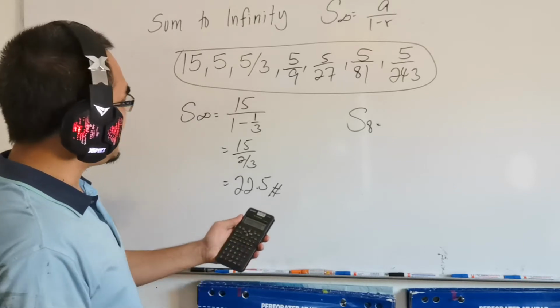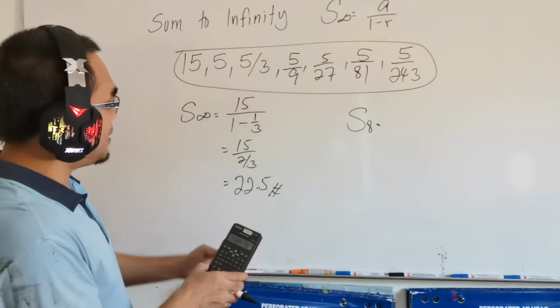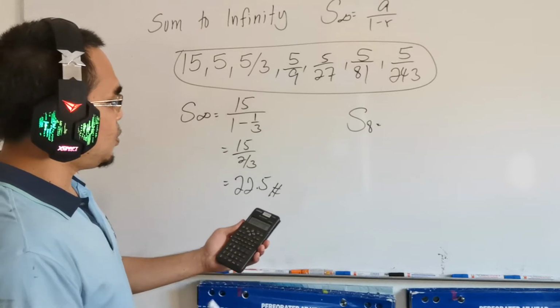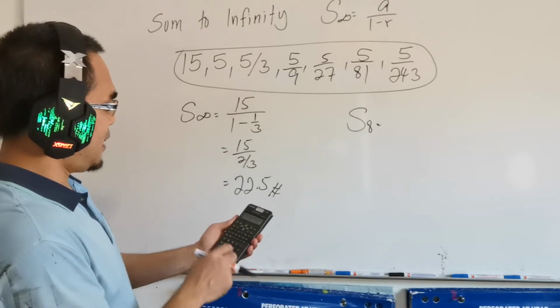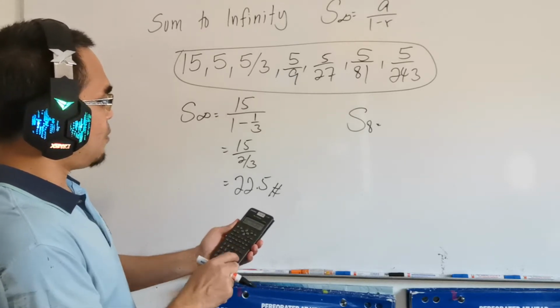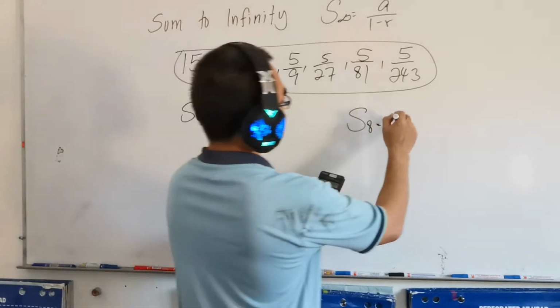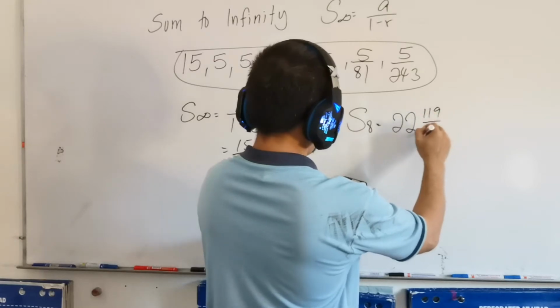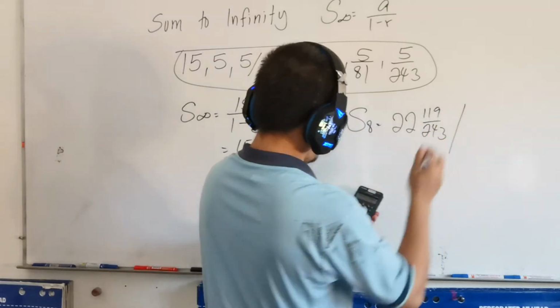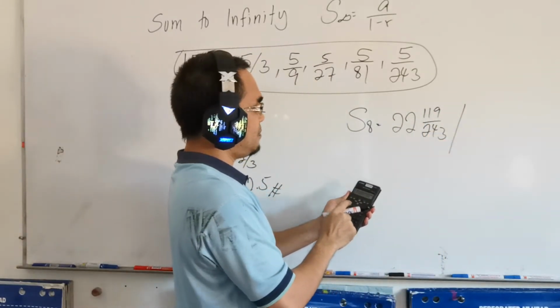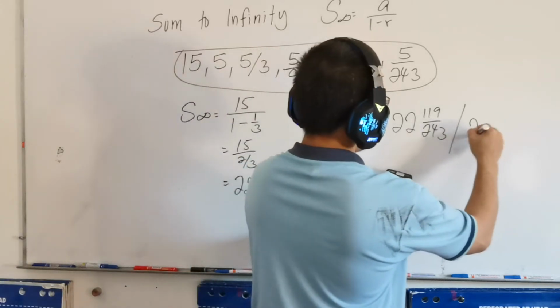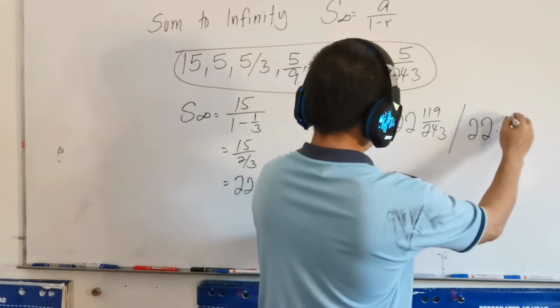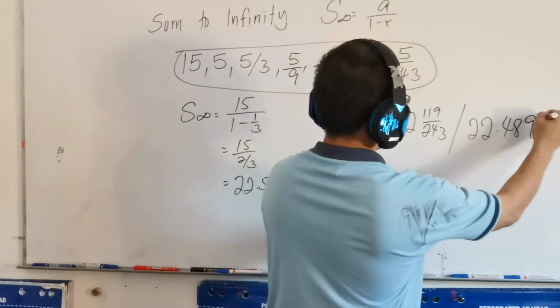So it is already very near to this number, that is 22.489. If I were to change 22 and 119 over 243 to decimal, it will give you 22.4897.